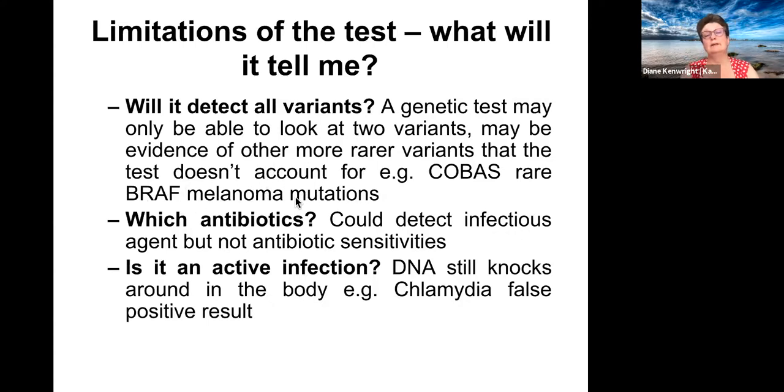The BRAF melanoma mutations are tested by PCR on a machine called a cobas machine, and it only detects the mutations it's programmed for. So even if it comes back saying no mutation detected, it will say no mutation is detected and these specific mutations have been tested for. So all genetic tests have limitations.